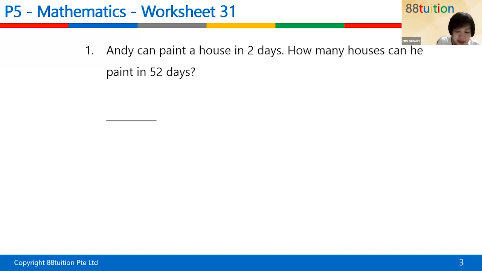Okay. Number one, Andy can paint a house in 2 days. So 2 days is telling you the speed of how fast a person can do the job. So that is painting. Same overhead bridge because it's asking you for paint a house, right?